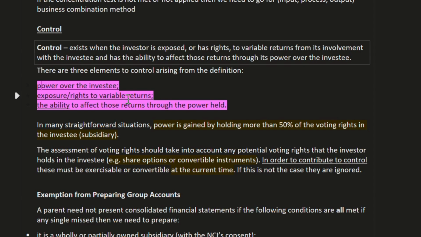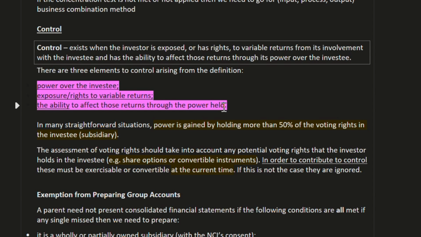Once we got the power, we are exposed to the variable return, meaning if the company earns a profit, we are going to earn a proportion of that profit. If the company suffers a loss, we are going to suffer the loss. And ability to affect those returns through the power held means that we are having power now, so we can influence that return.